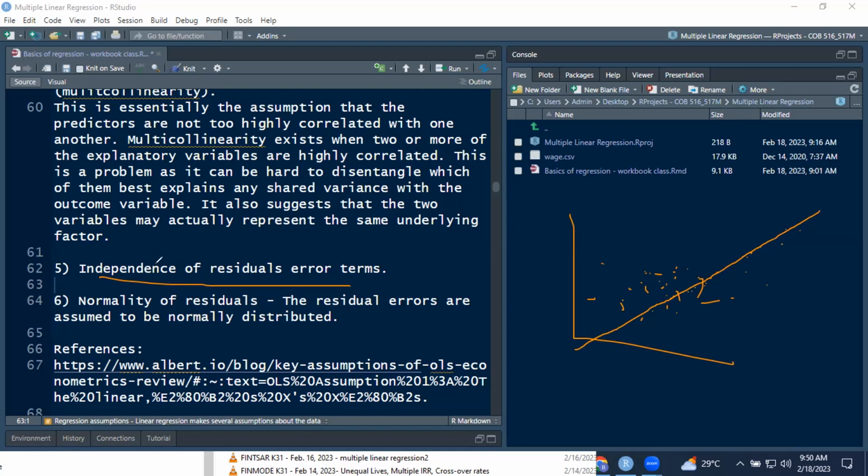Okay, that's why this independence of residuals can be shown via the distribution of the residuals. Kung yung residuals natin ganito, random lang siya, okay, constant mean and constant yung variance, then independent sila. If your residuals were behaving like this one, so may pattern siya, umaakyat, hindi independent yun.